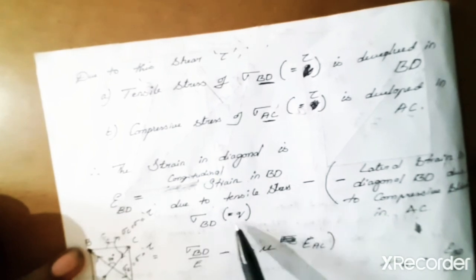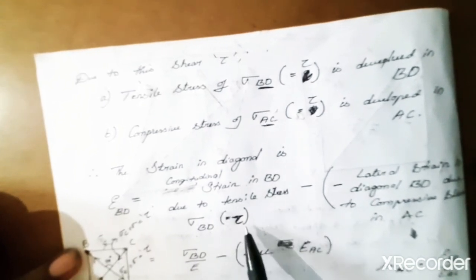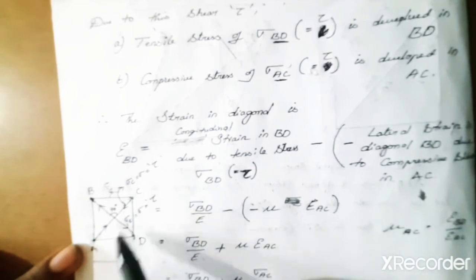As you can see, because of the tensile stress acting in the diagonal BD, sigma BD, which is equal to tau, there is going to be a longitudinal strain in BD. At the same time, because of the compressive stress acting in AC, there is going to be a longitudinal strain in AC.